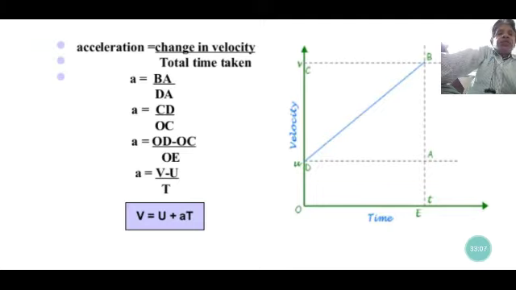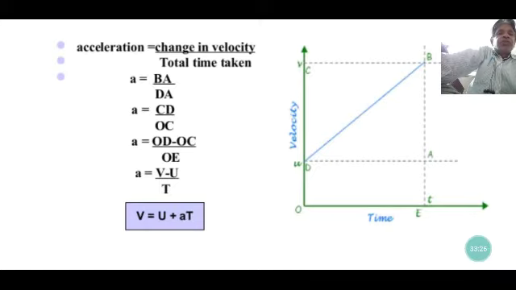OD gives the value of the final velocity, and OC gives the initial velocity. The final velocity minus the initial velocity is the change in velocity, how the velocity changes from this point to this point.